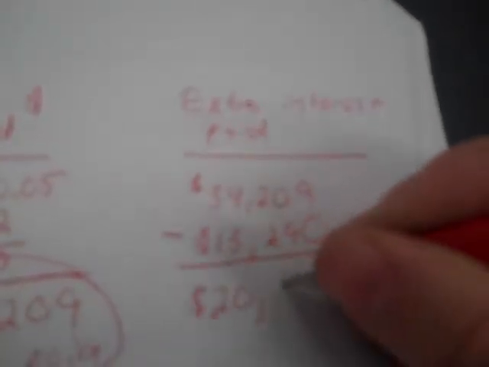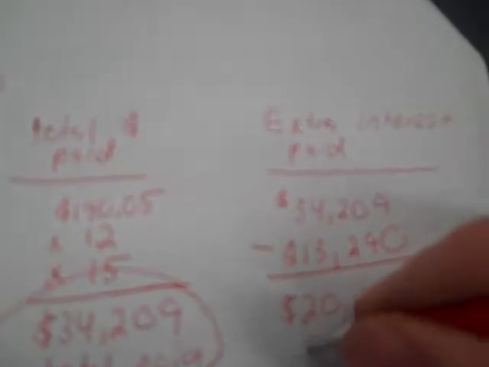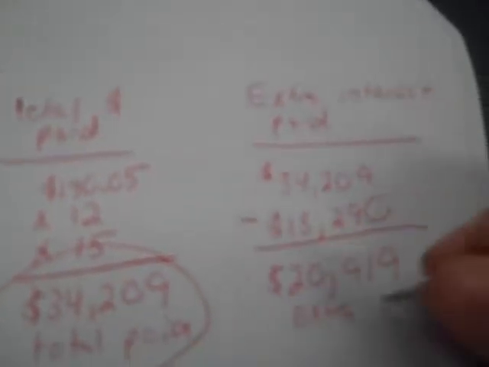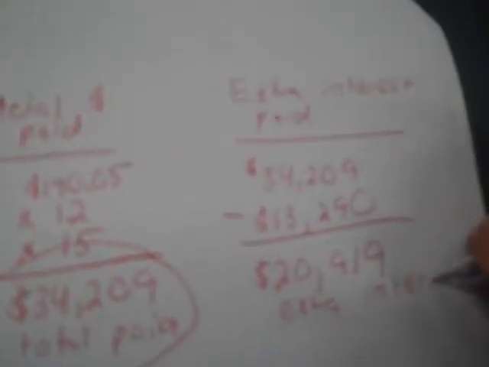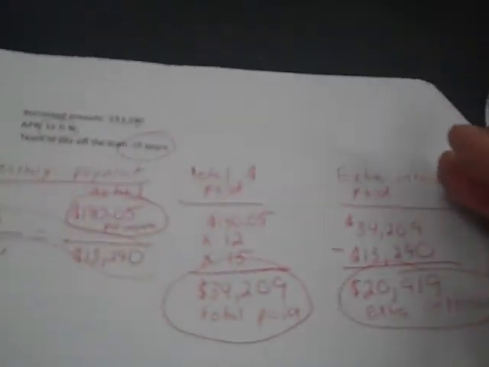So 34,209 minus 13,290, $20,919. Okay. And again, it's that much extra interest.